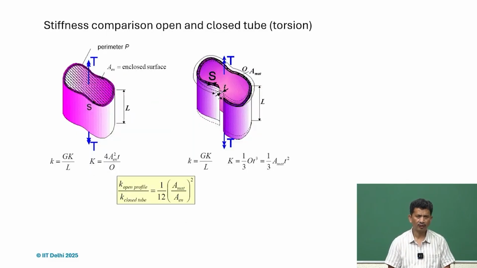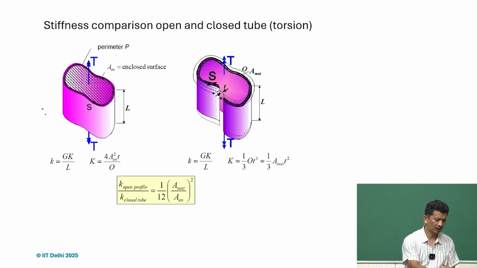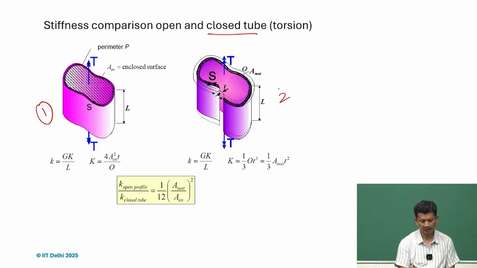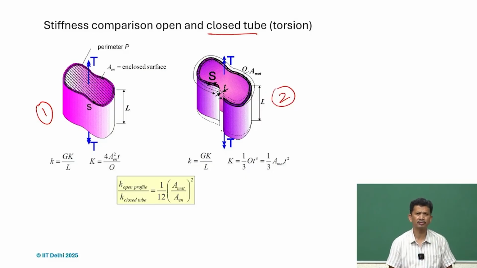So if you want to compare the two sections, two kinds of tubes, in one we have a closed section, a closed tube, and on the other hand we have the open one, so in the longitudinal direction there is a slit, so it's open.